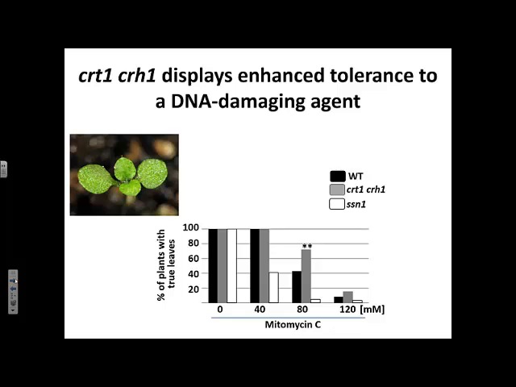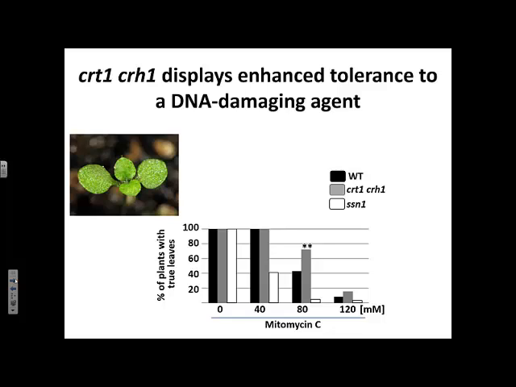Okay. Another thing we have tested is, so if the DNA is interacting with CRT1, and CRT1 can be present in the nucleus, how about we test the capability of repairing or recombining the DNA?